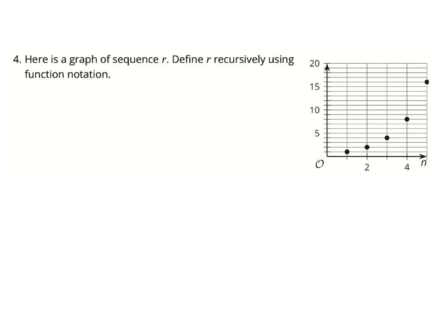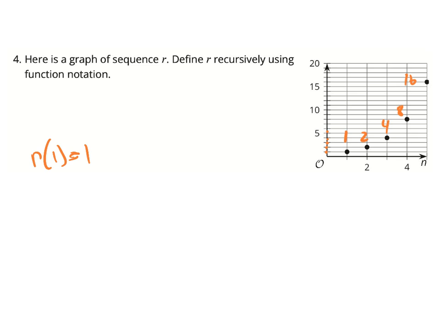Okay, here's the section, graph of sequence R. Define R recursively. Okay, 1, 2, 3, 4, 5. So our numbers are 1, 2, 4, 8, and then 16. So R of 1 equals 1.